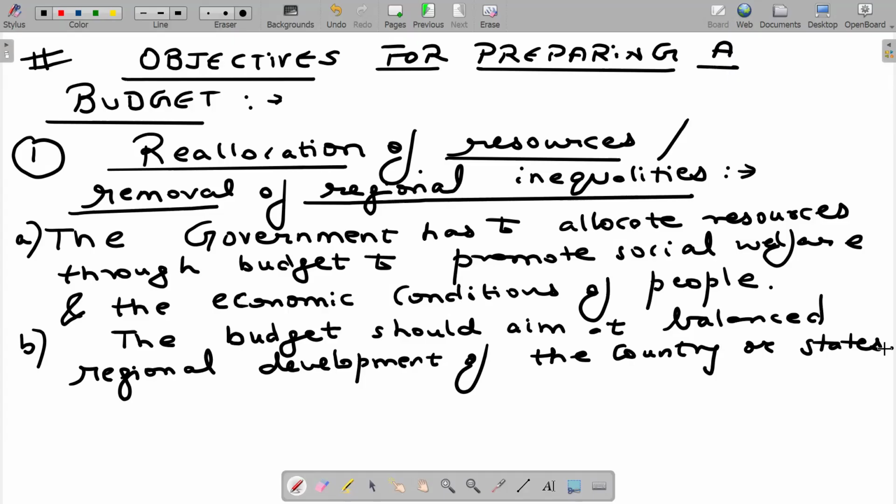The union budget, which is prepared by the center, should aim at balanced regional development of the country.